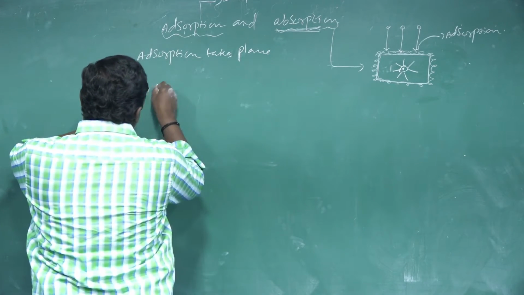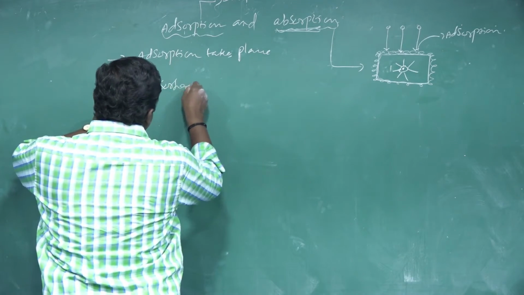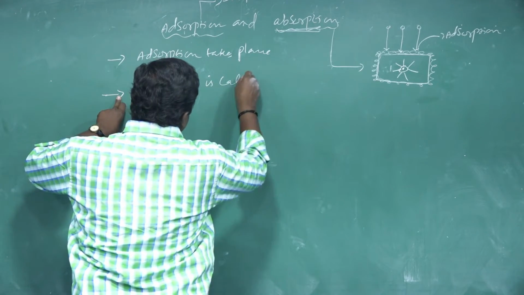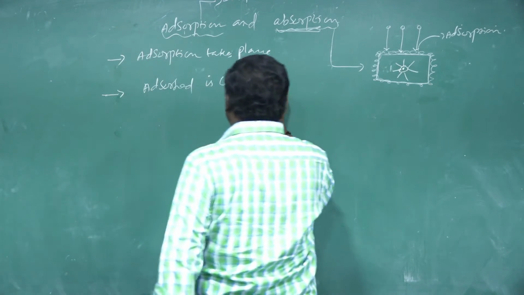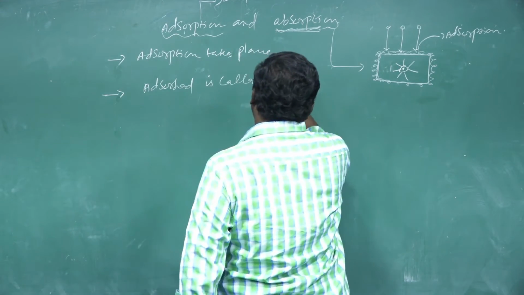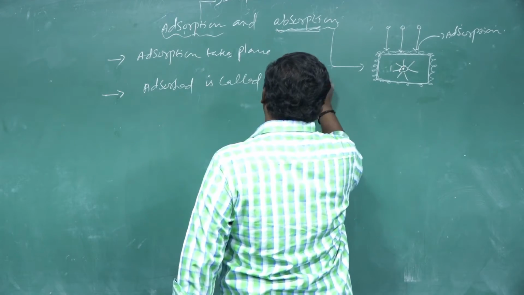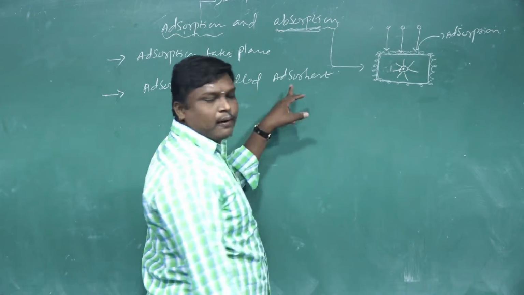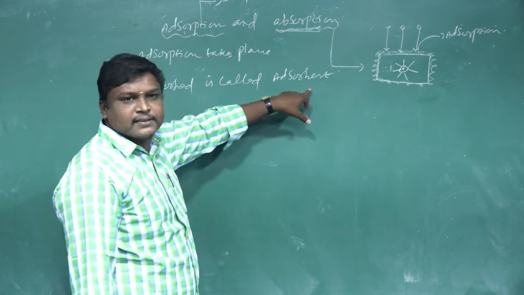Second point number 2: the substance adsorbed is called adsorbate, and the substance on which it is adsorbed is called adsorbent.